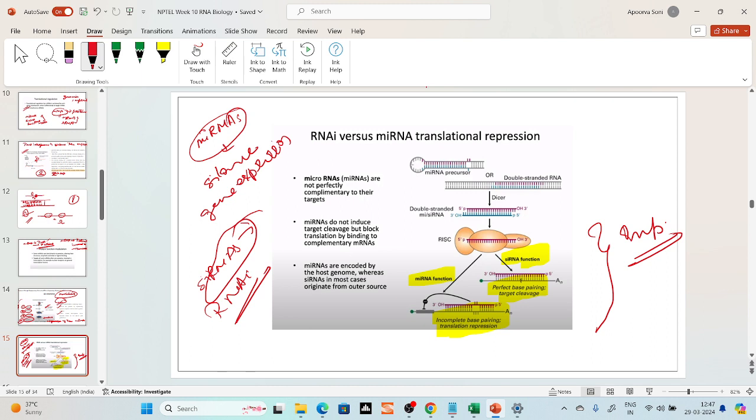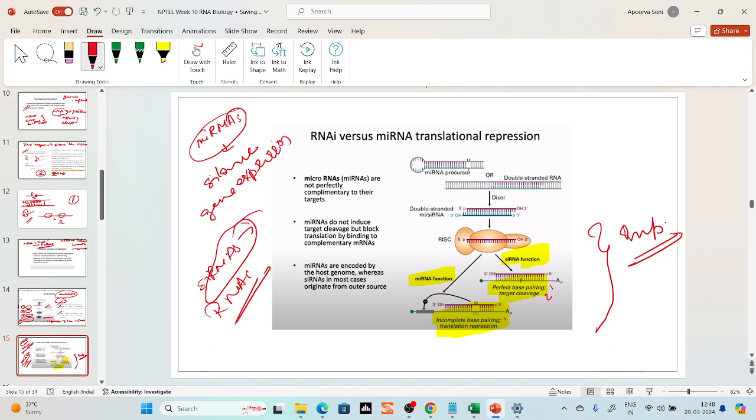So you see, when siRNA, that is small interfering RNA, has perfect base pairing, what happens? The target mRNA is cleaved. But when there is incomplete base pairing, you see, this portion is not paired with the microRNA. So then there is no cleavage, but the translation would be repressed. So these two points are important.